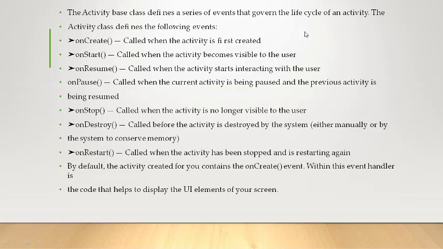This entire process is called the life cycle of the activity. Within the life cycle of an activity, there are methods. There are n number of methods that are called during the activity life cycle. The methods are onCreate, onStart, onResume, onPause, onStop, onDestroy, onRestart. These are the methods that are called during the life cycle of the activity.